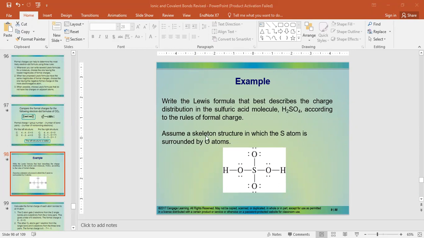We began by making an assumption: assume a skeleton structure in which the sulfur atom is surrounded by oxygen atoms. Is that the assumption we made? Oh, okay, so it's just an assumption. Yes, that is an opening assumption to guide.